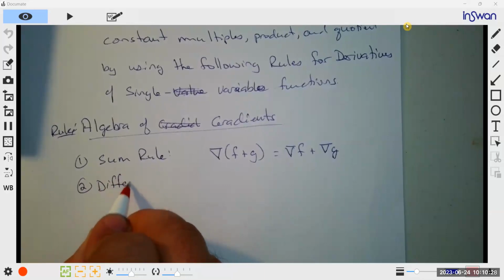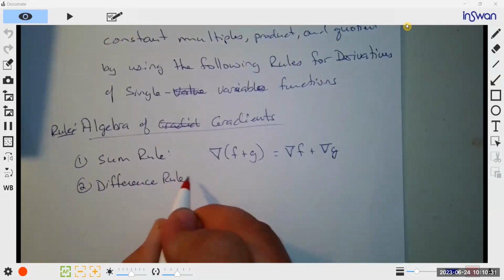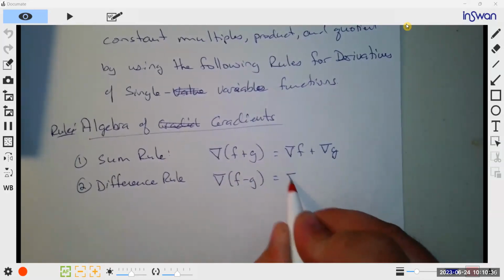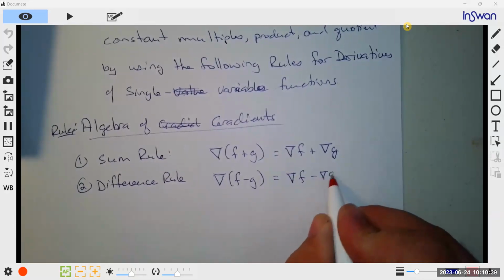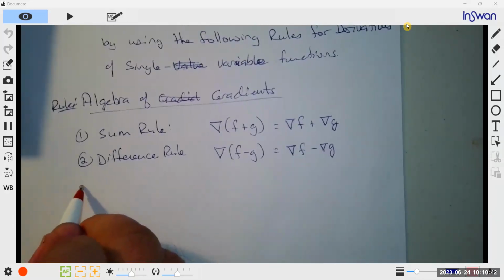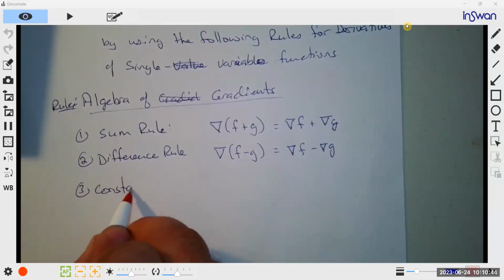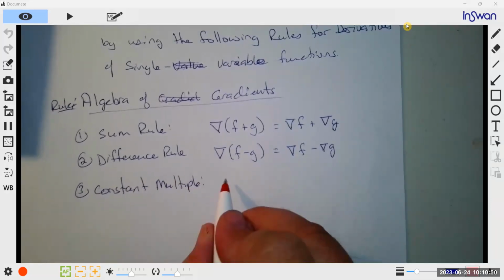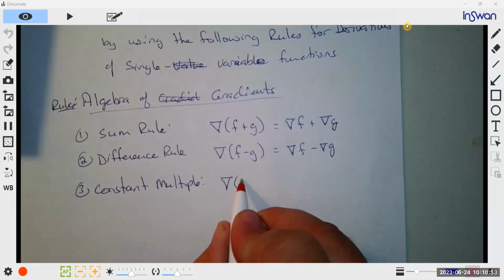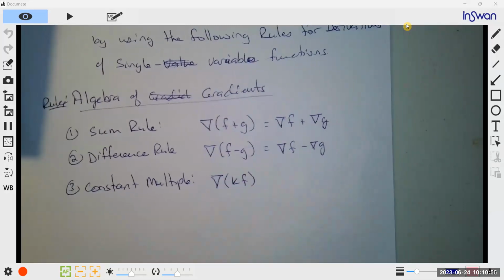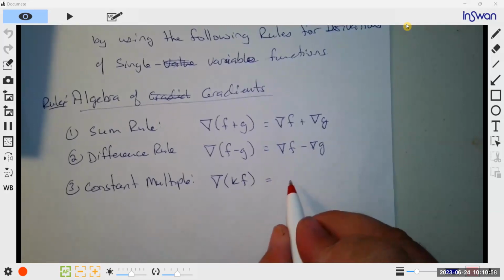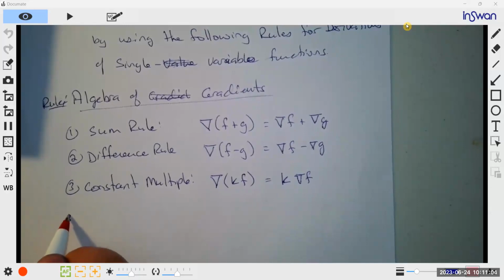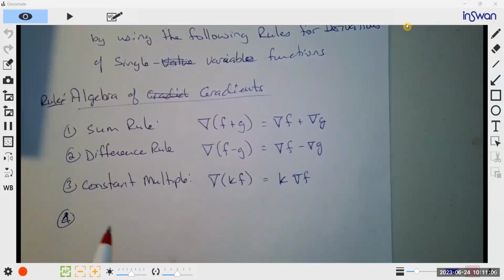Likewise, you can have the difference: del of F minus G equals del F minus del G. Constant multiple: you have some constant multiple of the function, you can bring that constant out in front. All of these are the same as stuff that we've done with other functions.